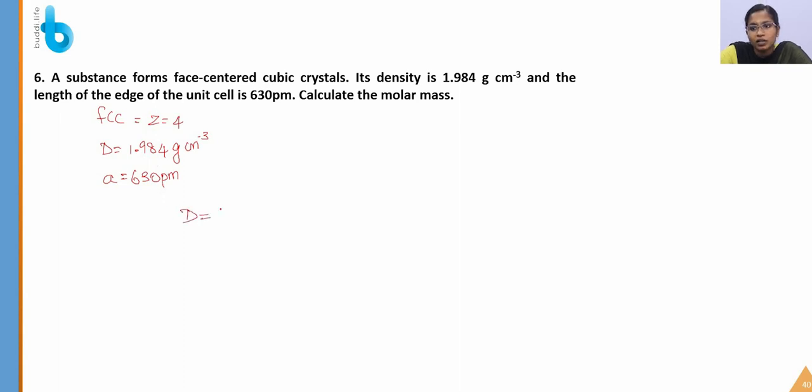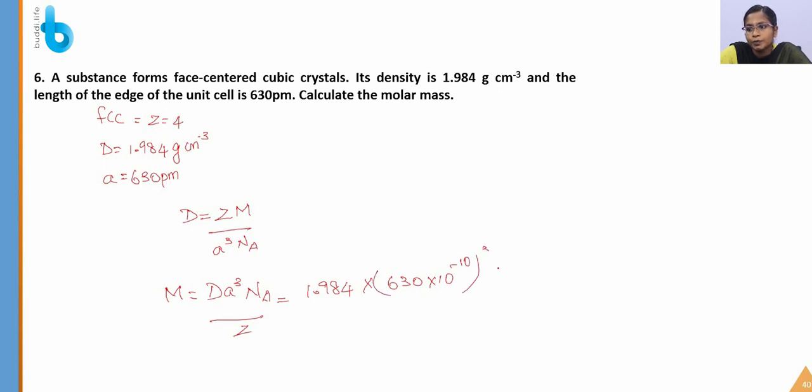So what is the formula? Density is equal to Z M by a cube Na. So molar mass, which is nothing but atomic mass, is equal to d a cube Na by Z. So the density is 1.984 into a cube, 630 into 10 power minus 10 the whole cube, into Avogadro's number 6.023 into 10 power 23, divided by Z. For face-centered cubic crystals, we divide by 4, since the number of atoms in face-centered cubic crystals is 4, right?